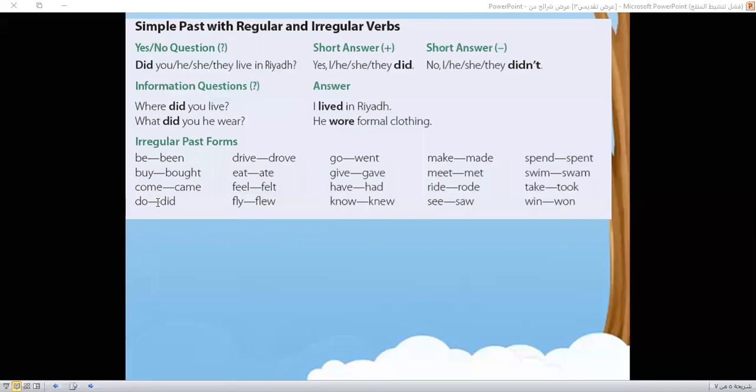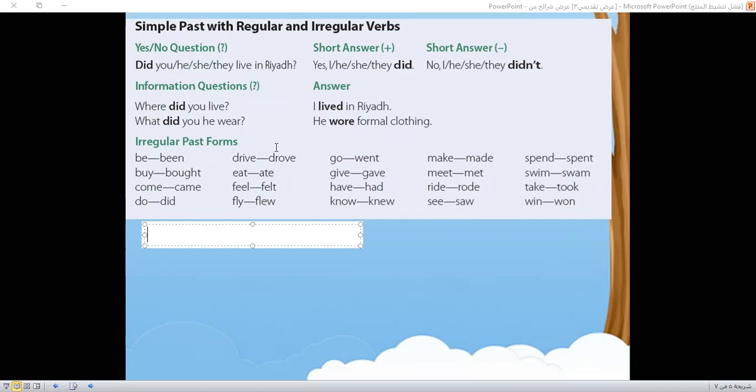Now, I'm going to use did. Do you know that if I'm going to use did, I can use it with any pronoun, as you can see here? I can use it with you, he, she, they, singular names or plural names. So did comes with everything, while do comes with the plural pronouns and does comes with the singular pronouns.